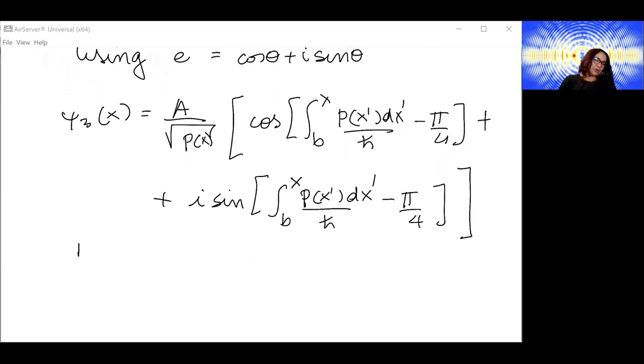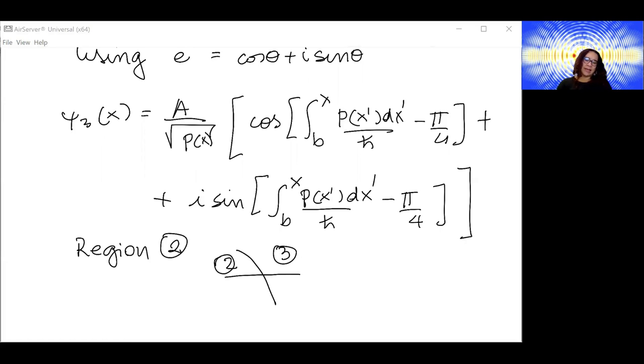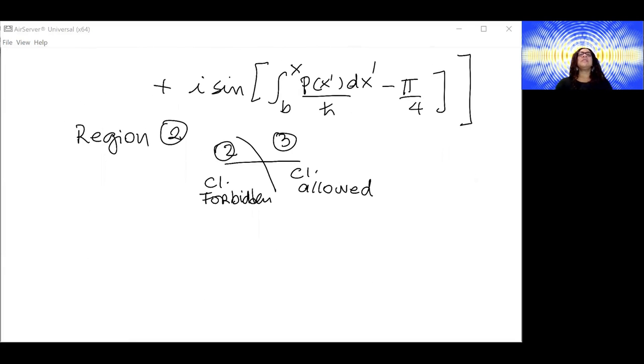So region 2, you have a barrier if you go from region 3 to 2 that looks like this, right? So it's what we call a left-handed barrier, which means that here you have something that is classically forbidden, and here you have something that is classically allowed.